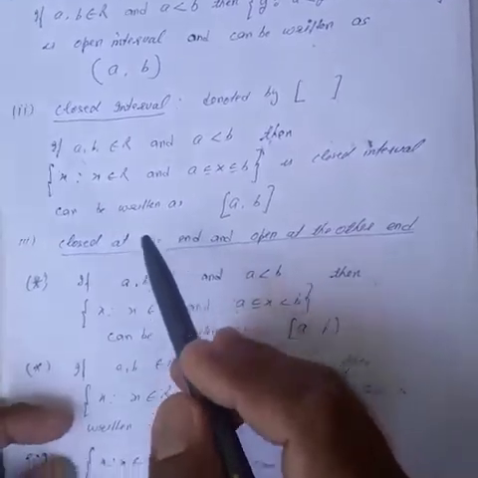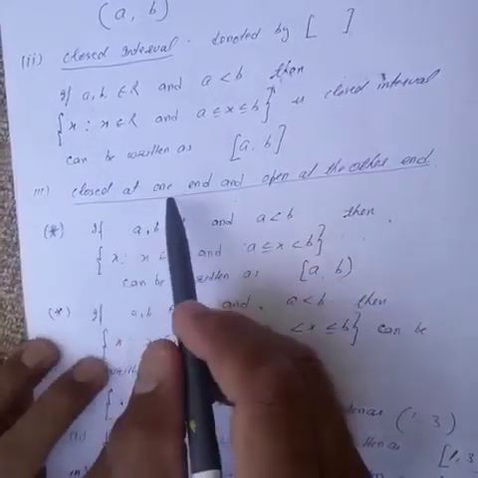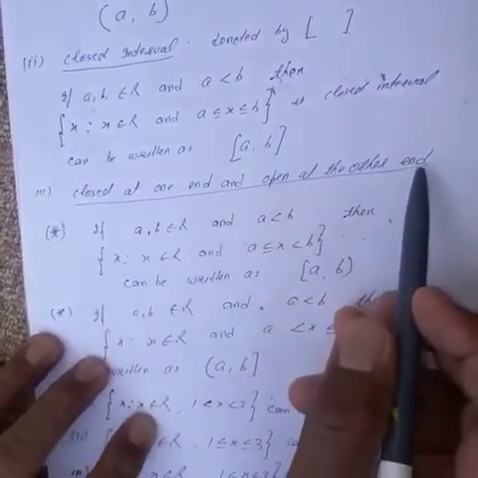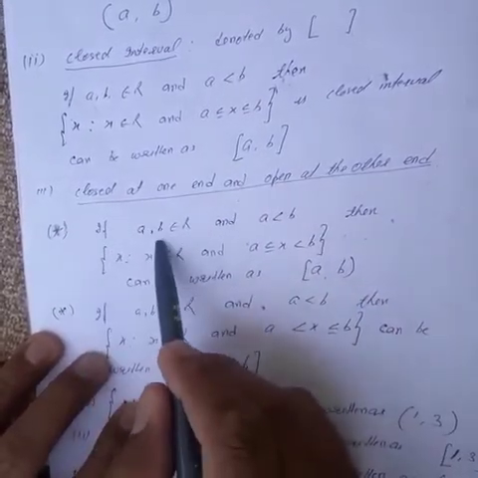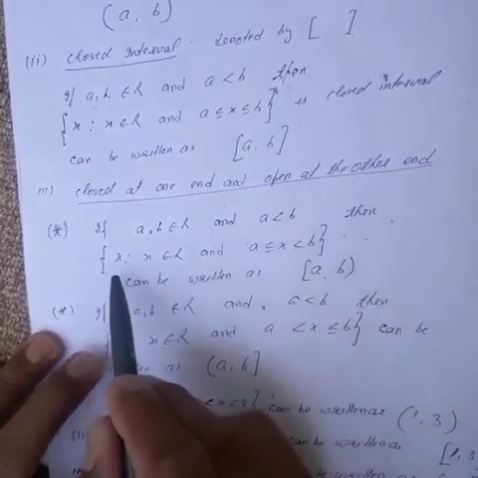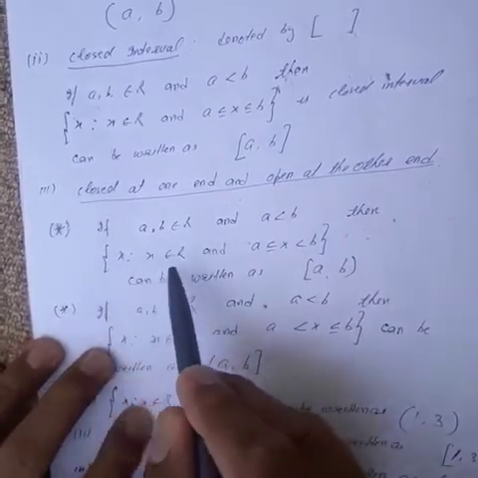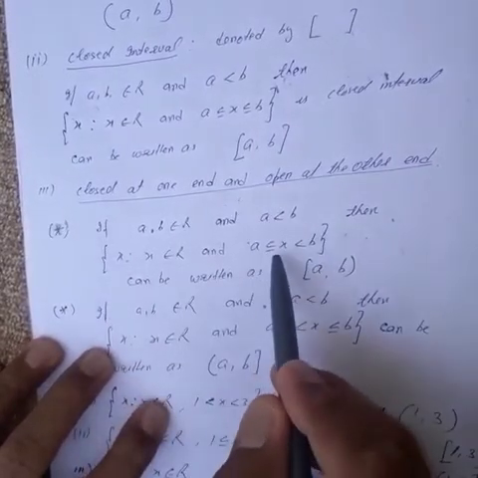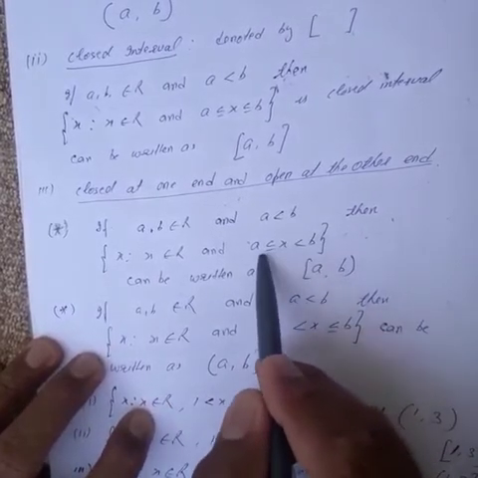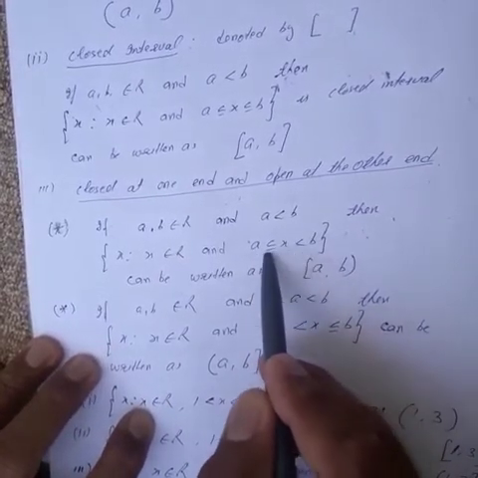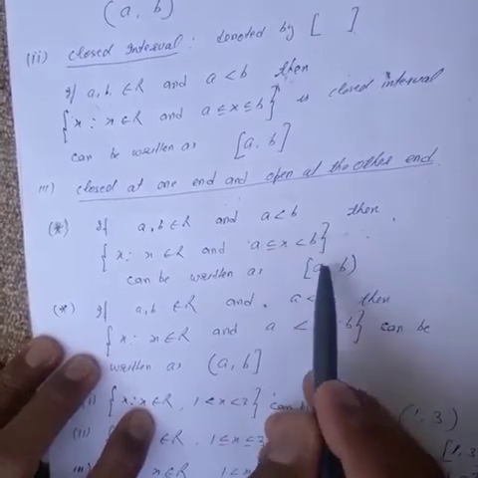Consider the next type: closed at one end and open at the other end. Now the first in this category: if a and b are real numbers, a less than b, then consider the set of all x where x belongs to R, a less than or equal to x less than b. So the equal sign is with a. So this interval will be closed at a end and open at b.